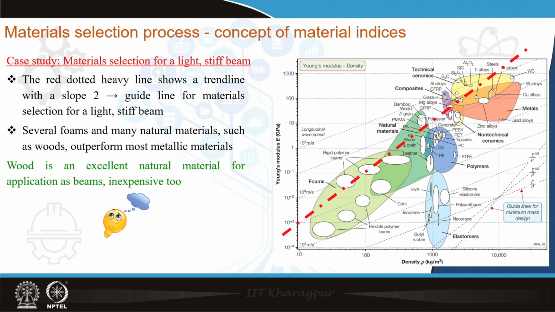Because almost all the metals are lying below the red dashed line, when it comes to a light stiff beam, metals perform inferior to almost all the cellular solids. Another important conclusion is that wood, which is a natural cellular solid, is a very good material for this kind of application.